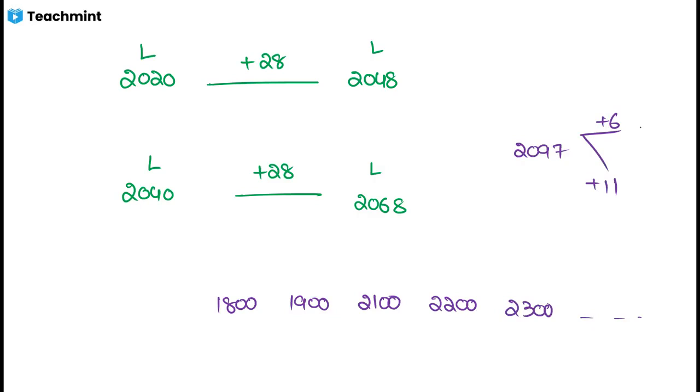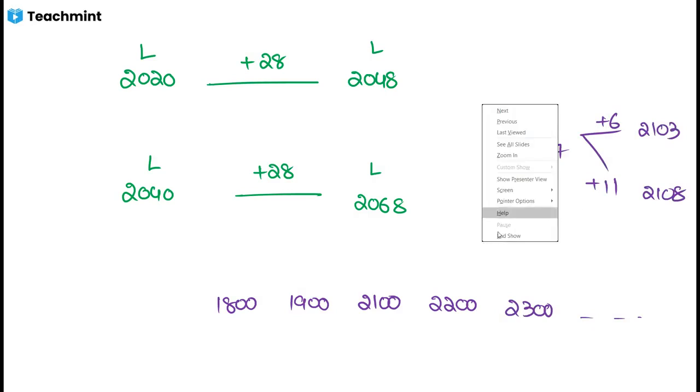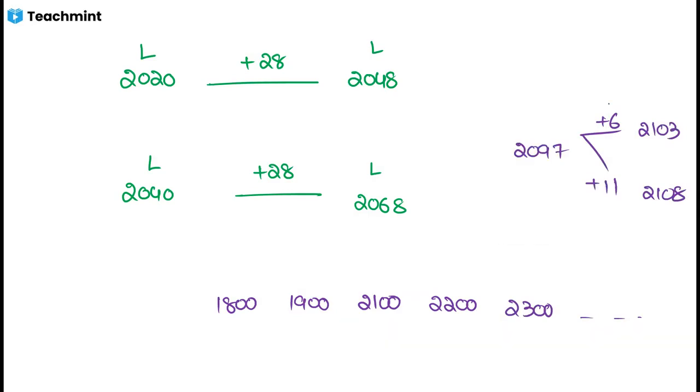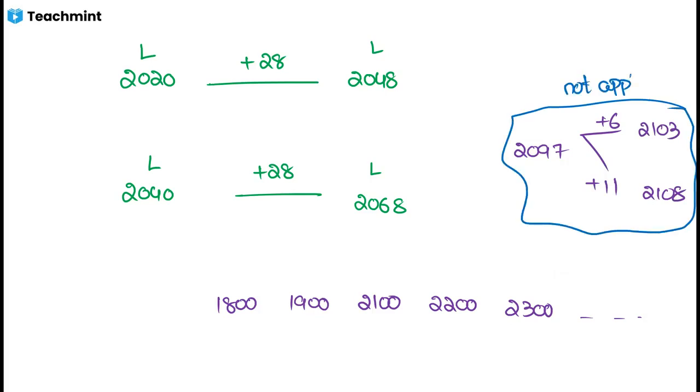It's not applicable here. 2103, 2108, not applicable in this situation. Kindly do manual. Whatever we said, you apply that manual. The shortcut is not applicable here because for the given question number 2097, and in between the answer, 2100 is involved.